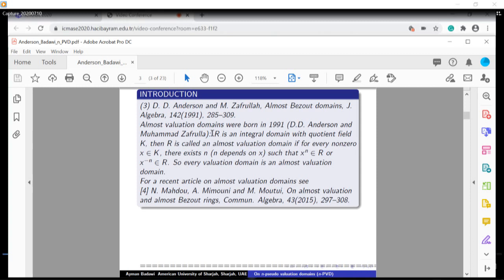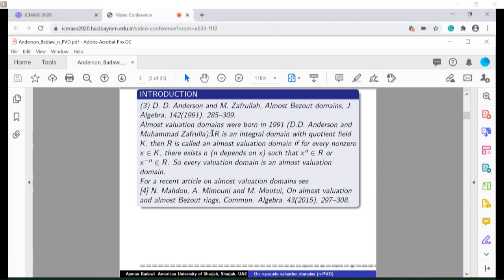You let R be an integral domain with quotient field K. Then R is called an almost valuation domain if for every nonzero x in K, there exists an integer n, a positive integer depending on x, such that x to the n is in R or x to the minus n is in R.